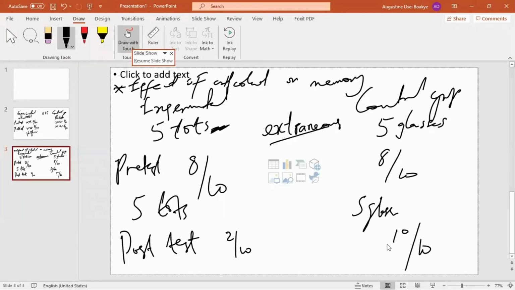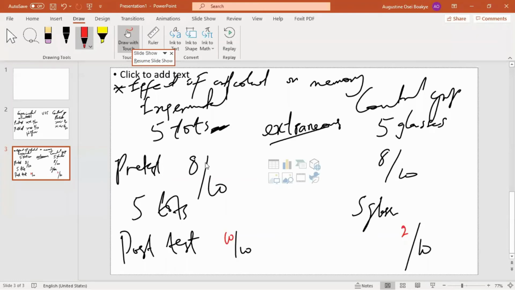Now, conversely, assuming this was what they scored, let me change it quickly. Now, assuming after the experiments, these are the results that we report, what will be your conclusion?